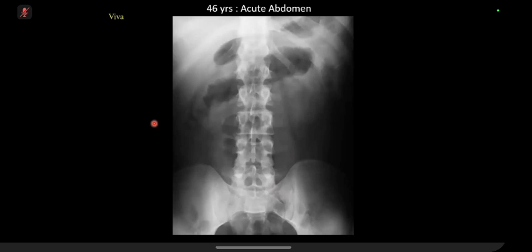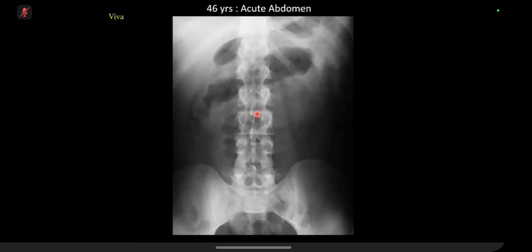candidate 1, your film. Patient has got acute abdomen presentation. Over to you, please. This is a frontal radiograph of an adult patient. There is a tubular gas-filled structure in the midline, which would be in keeping with the transverse colon.